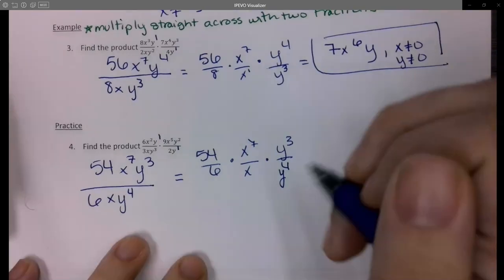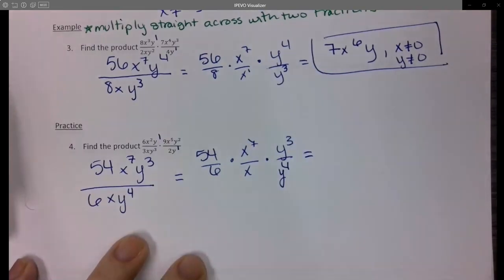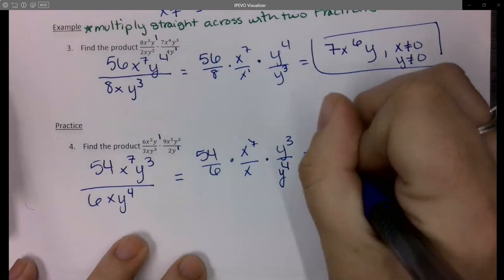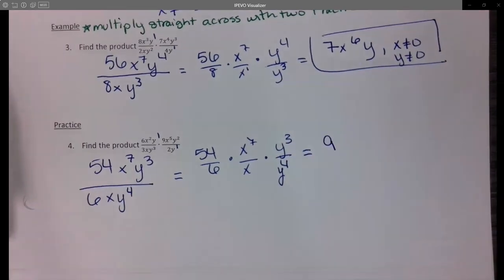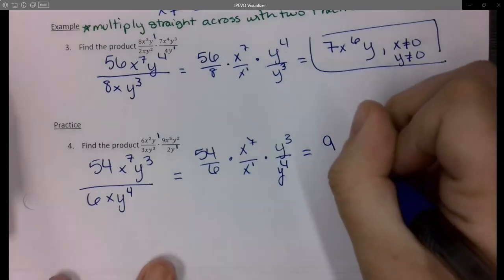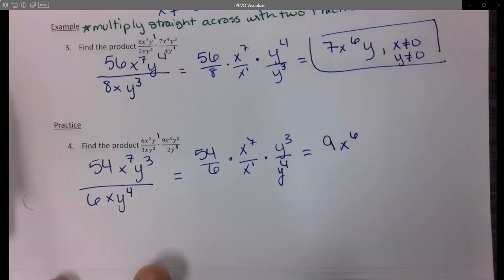So what is 54 divided by 6? X to the 7th, and this one has an x to the 1, so 7 minus 1 is? 8. Subtracting. So gets a 6. And then for the y's, I have 3 minus 4, which gives me negative 1.